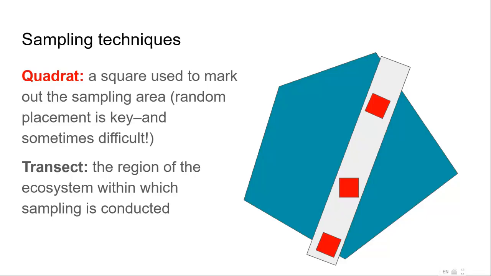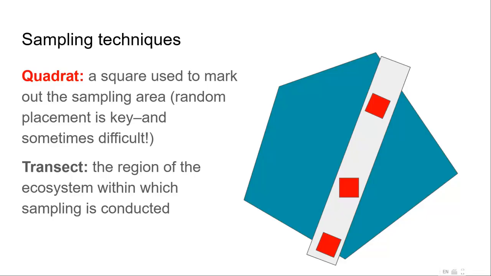This is a square used to mark out the sampling area, and it's really important to put this in random spots. We don't want to find a big patch of dandelions and put it right there. That's a little too intentional, and that's going to be inaccurate. But random placement is actually sometimes kind of difficult to do.